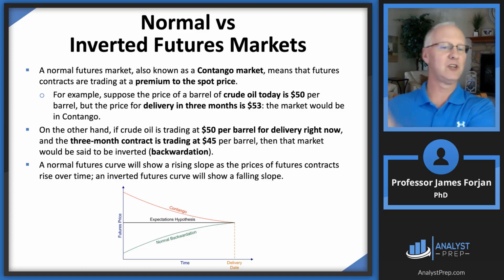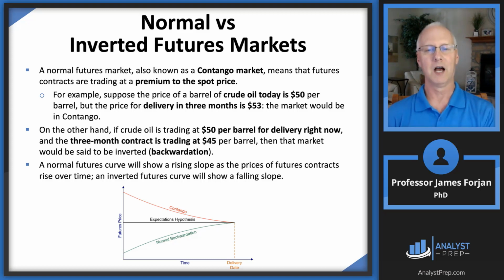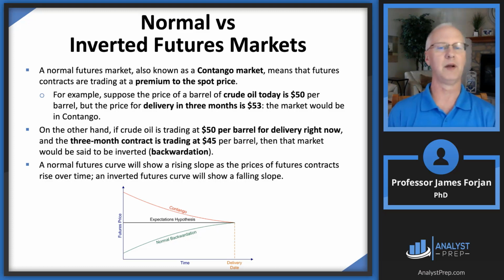But somebody just announced that they have dug for oil over there in Alaska or someplace, and they've hit 10 billion barrels, and that's all going to be able to be extracted in 3 months. So we're expecting the price to fall in a 3 month time period. That's why, if the futures price is less, $45 versus $50, that's why the green, normal backwardation, that price is going to tend to rise.